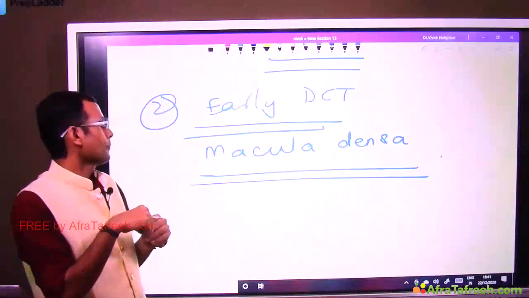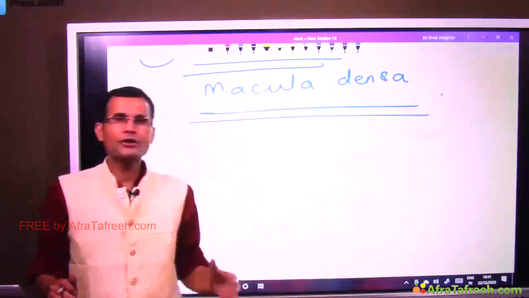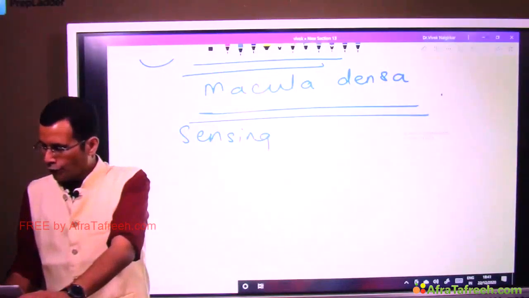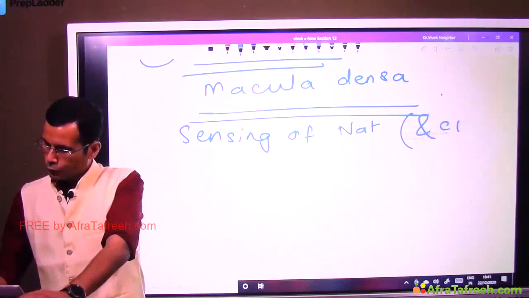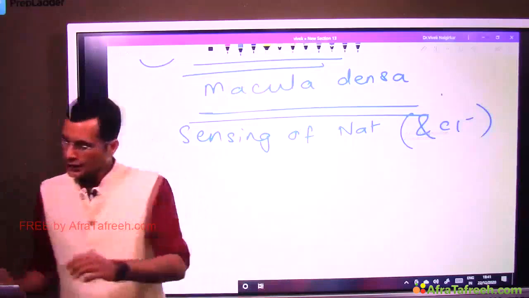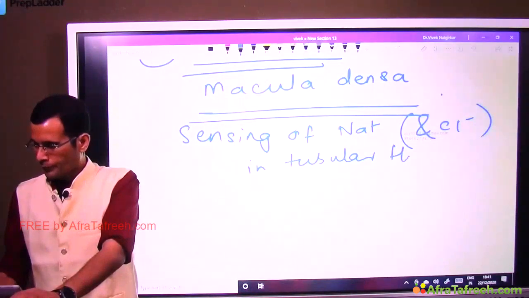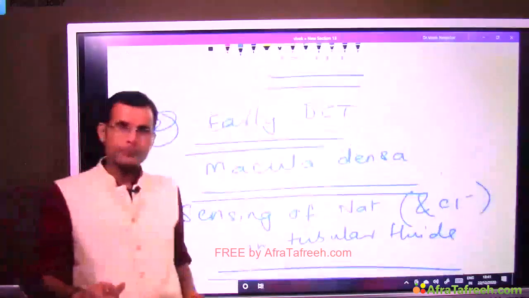Macula densa, the cell lining the early DCT. What is the function of macula densa? Sensing of sodium and also chloride actually in the tubular fluids reaching the early DCT.